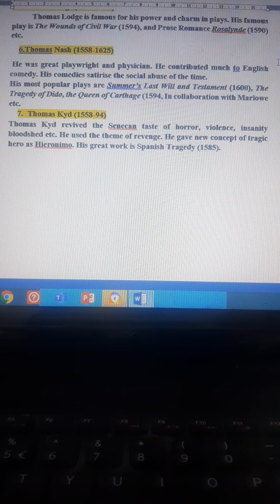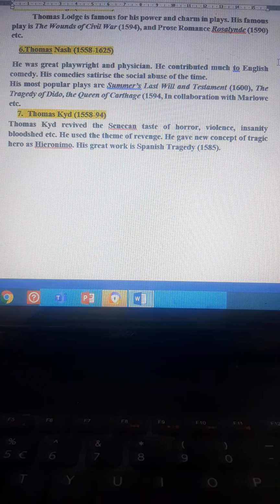John Webster's Duchess of Malfi is also modeled after The Spanish Tragedy. He is known as the English Seneca. Well, thus we see that all these dramatists who are known as University Wits contributed much to English literature.